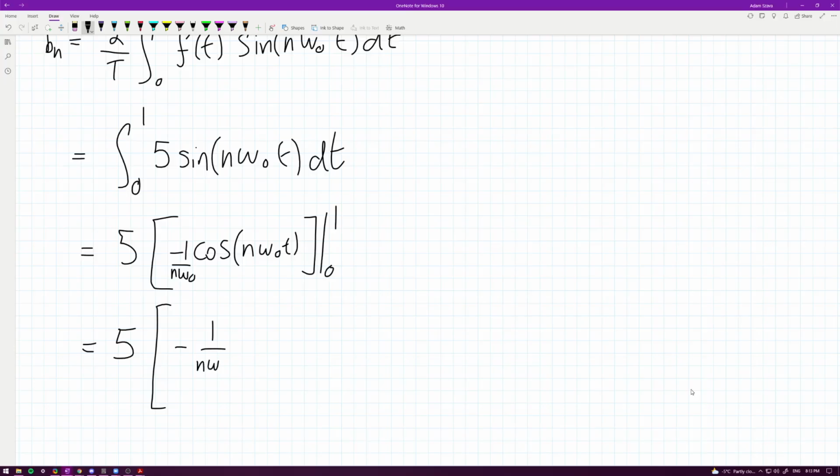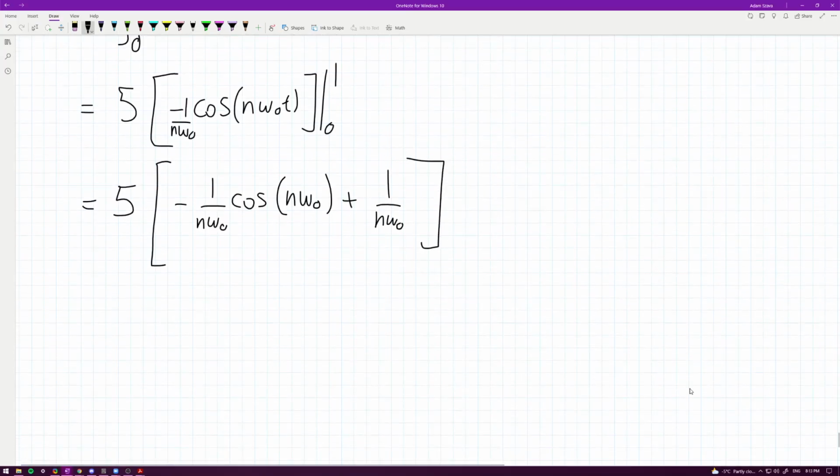So it's 5 times negative 1 over n omega 0 cosine n omega 0, plus 1 over n omega 0, since cosine of 0 is 1. I'm now going to put in my omega 0 and factor out a 1 over n omega 0.